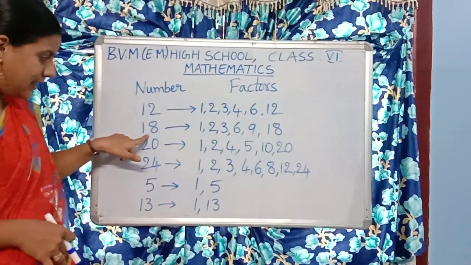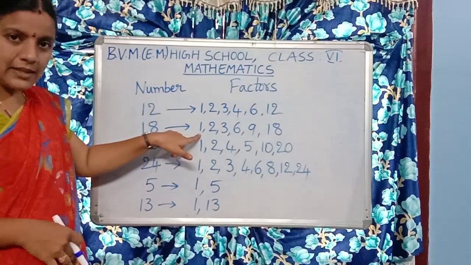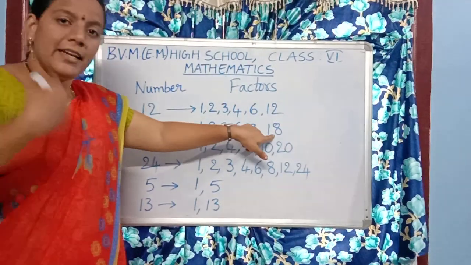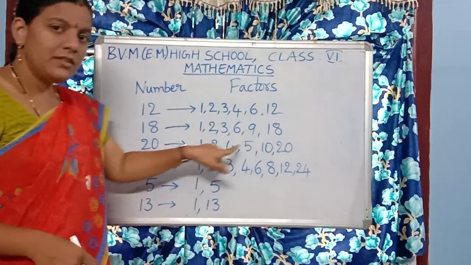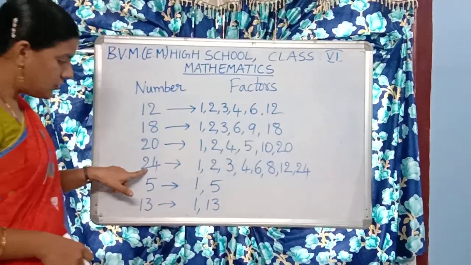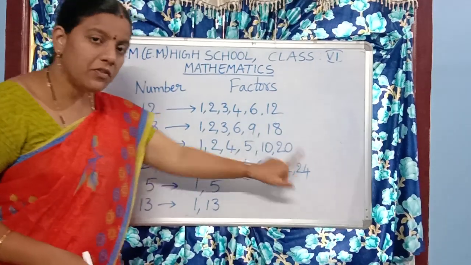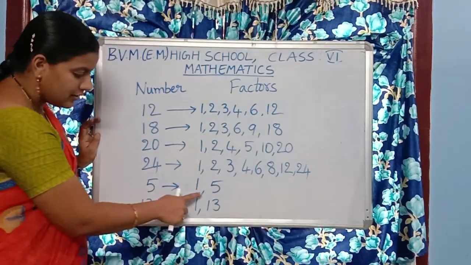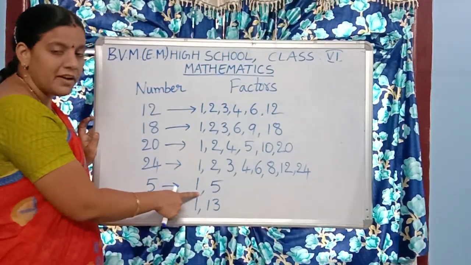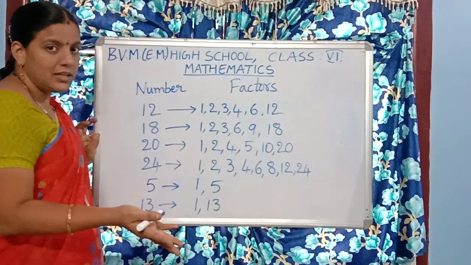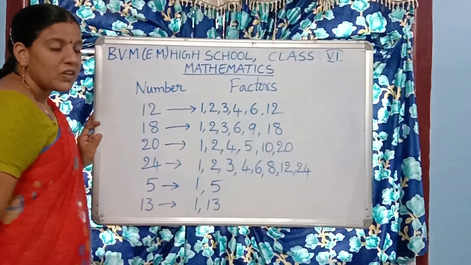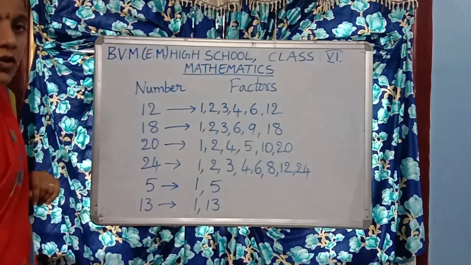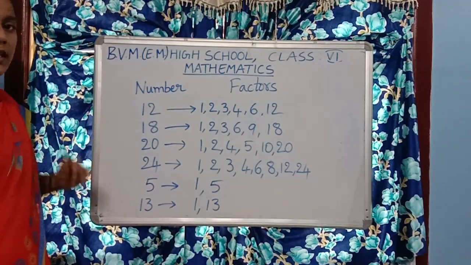And next here, 18. 1 is the factor and 18 itself is a factor. 20. 1, 20. 24. 1, 24. 5. 1 is common factor and 5 itself is a factor. 13. 13 itself is a factor. Okay? Let us note some points about this. Okay, children?